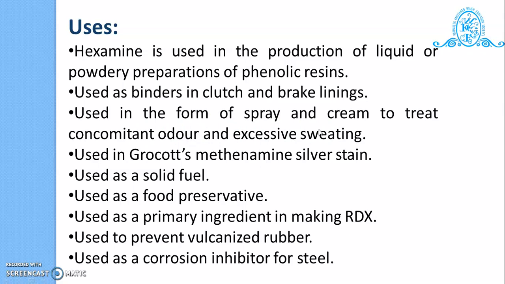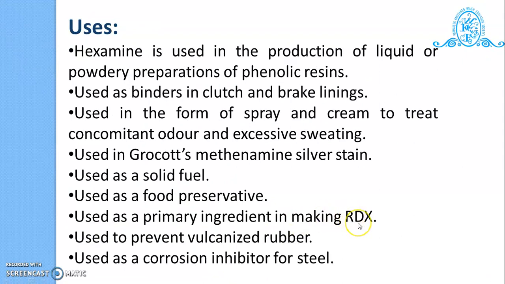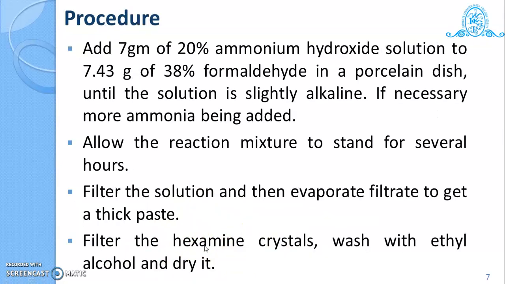It is also used as a solid fuel and as a food preservative. It is used as a primary ingredient in making of RDX. It is also used to prevent vulcanized rubber and as a corrosion inhibitor for steel. These are the uses of hexamine.